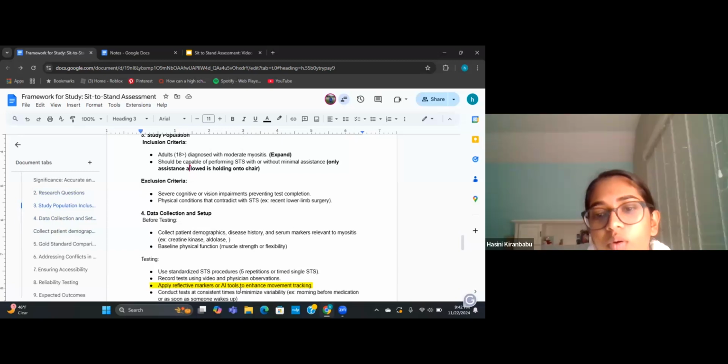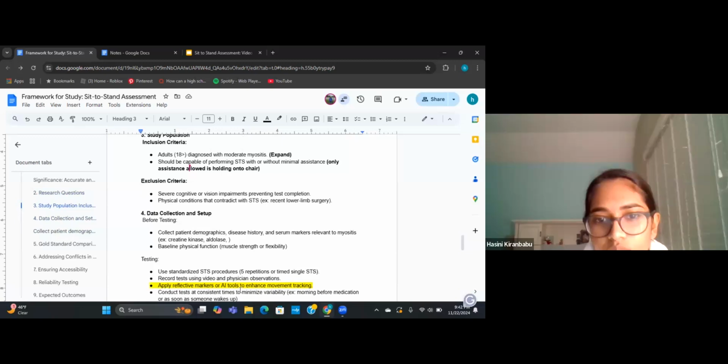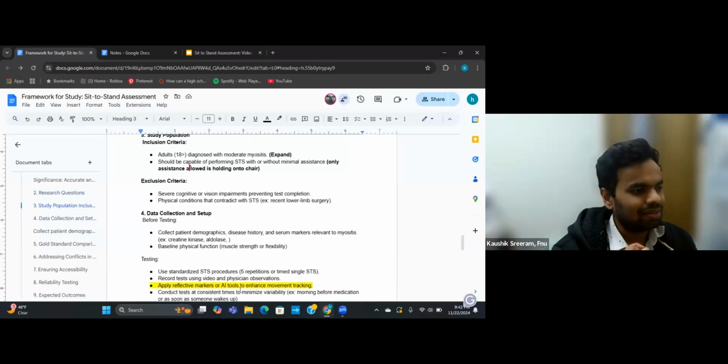Adults with known arthritis, someone with an amputation, someone who has undergone recent surgery. How recent, you need to define, right? So that becomes your exclusion criteria. So exclusion criteria is making your inclusion criteria more specific, basically. Yes.